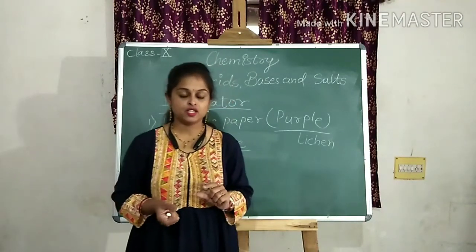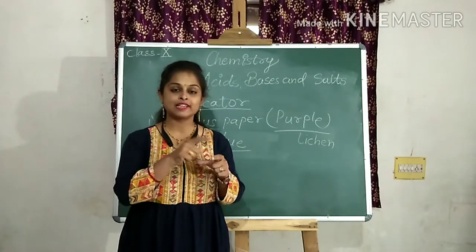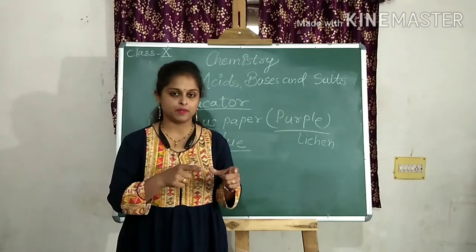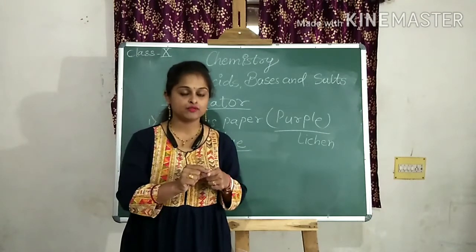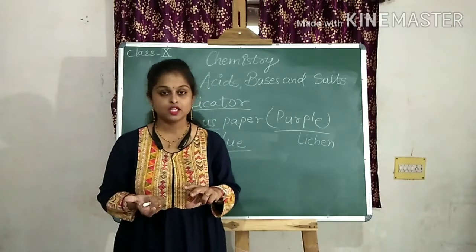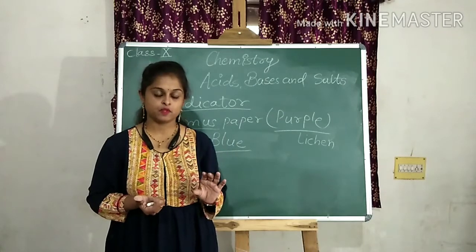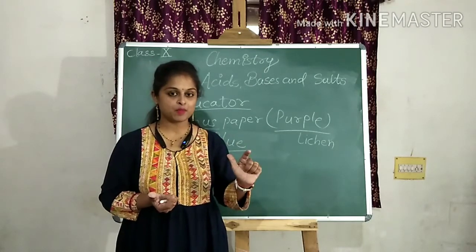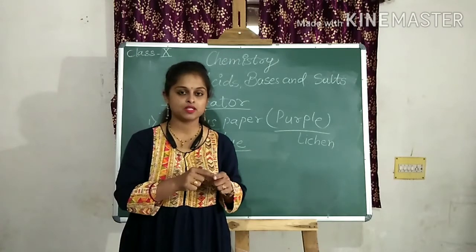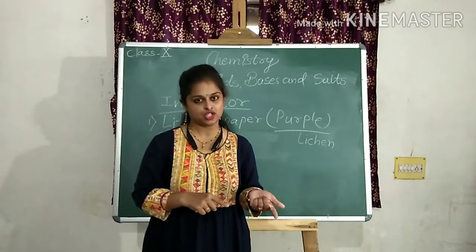If we put a drop of solution on blue litmus paper and the blue litmus turns red, the substance is acidic. If we put a drop on red litmus and it turns blue, it is basic in nature.